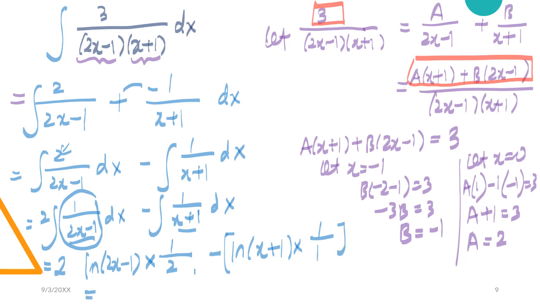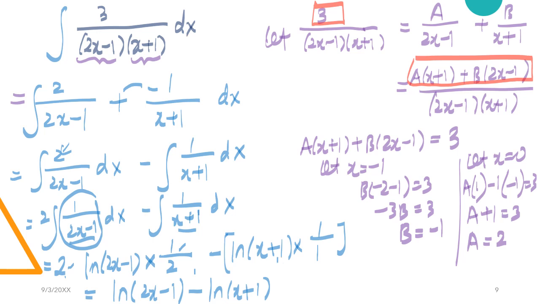Okay, so you simplify it, or you will have 2 times half. Right, you can put all the numbers together. So there's a 2 here, and then there's a half here. So 2 times half will be 1. So you have ln 2x minus 1 minus ln bracket x plus 1. Because ln bracket x plus 1 times 1 will give you ln bracket x plus 1.